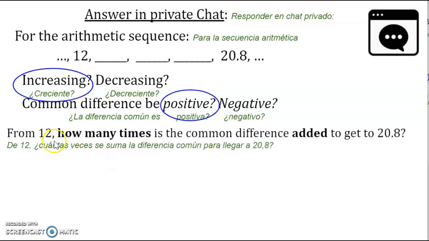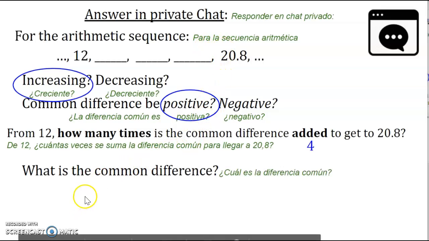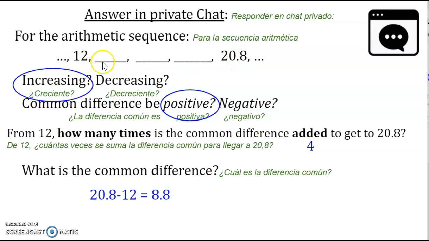From 12, how many times is the common difference added to get to 20.8? It's being added 1 time, 2 times, 3 times, and 4 times. So it's going to be 4. And then finally, what is the common difference? You need to subtract 20.8 minus 12, because that's how much it needs to increase by.